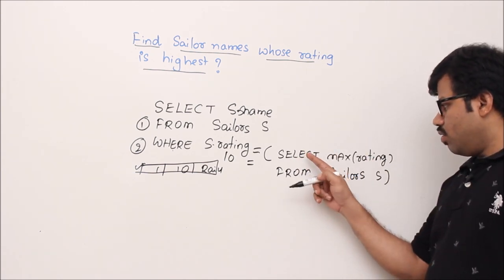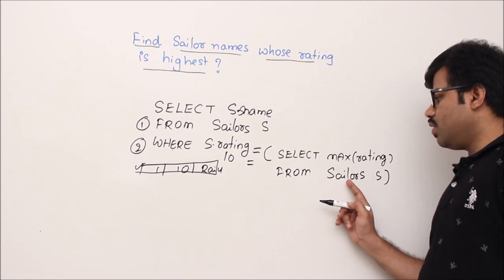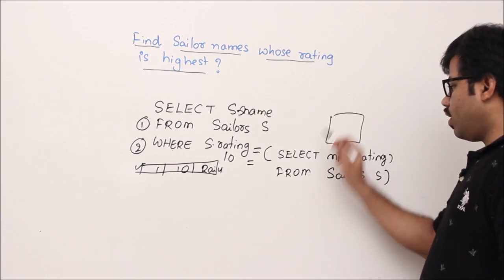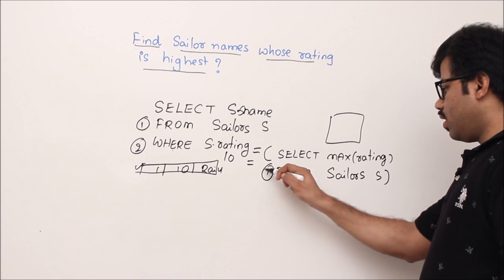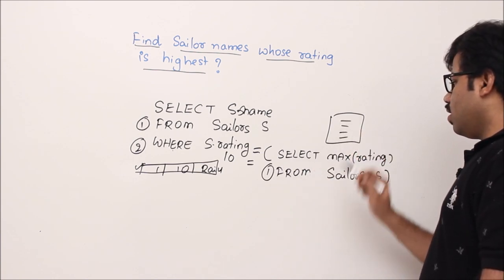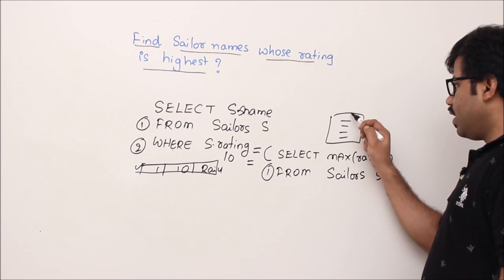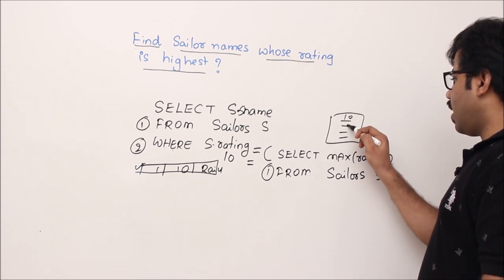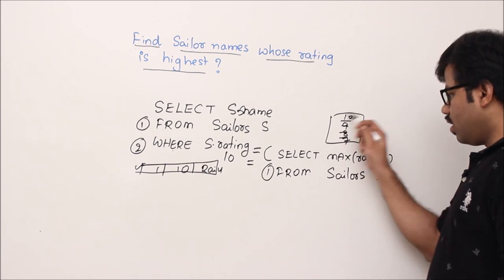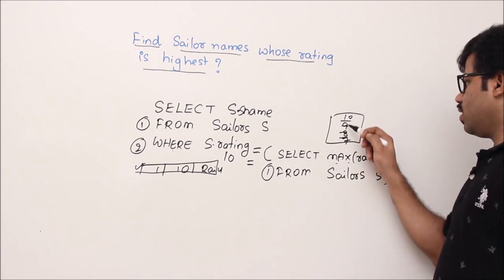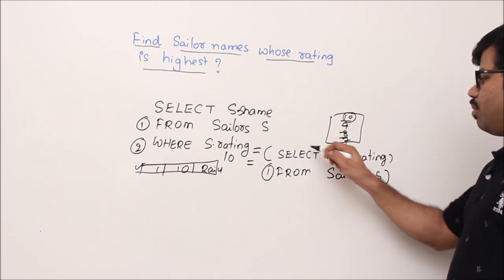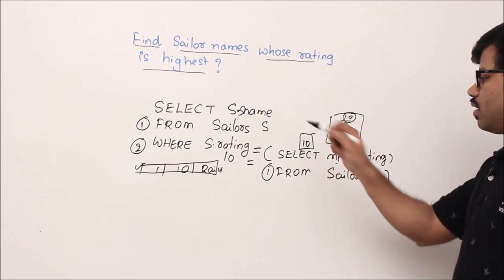Now what does select max rating from sailors give? Try to execute this query. Step number 1, take all the sailors, and after that compute ratings. I take ratings 10, 9, 8, 7, in that way. After that, apply the max function. Then the highest rating will be printed. Here the output is 10, correct?